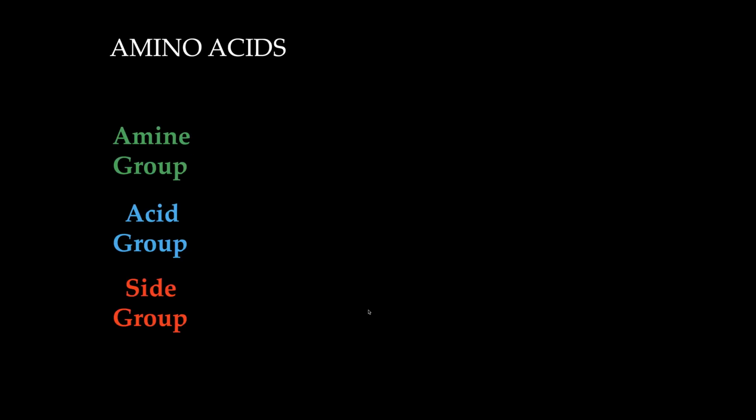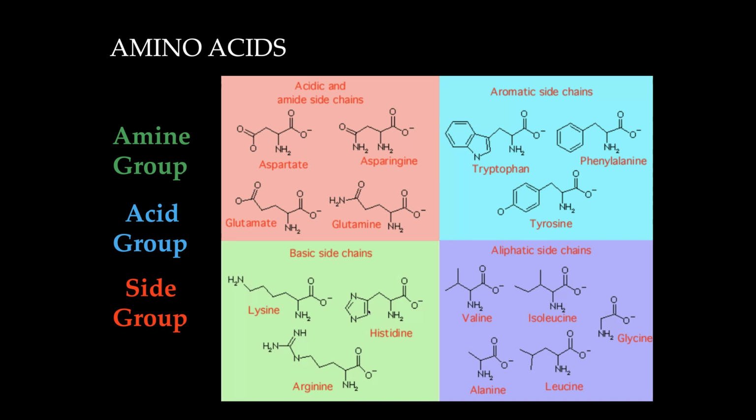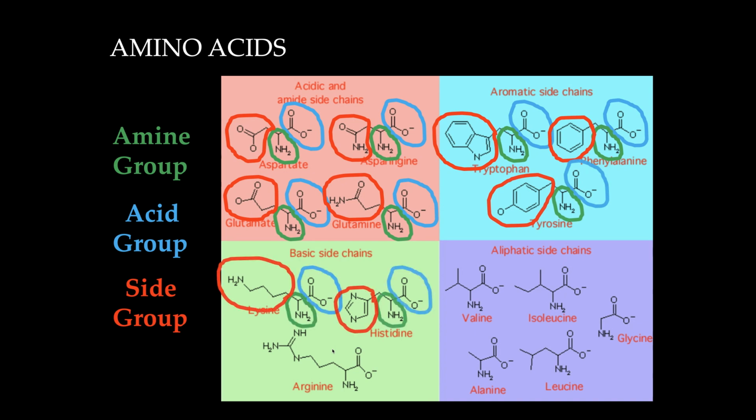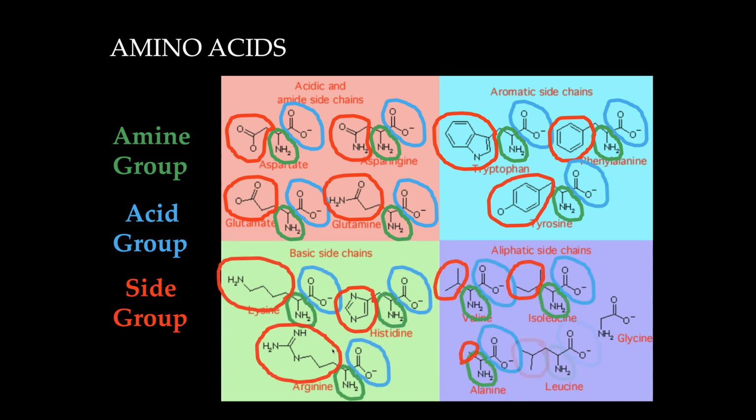The way amino acids work is that all amino acids have an amine group. You notice the NH2? They all have NH2. That's the amine part of the amino acid. There's also the acid group. Here's the COO, COO, COO, COO.